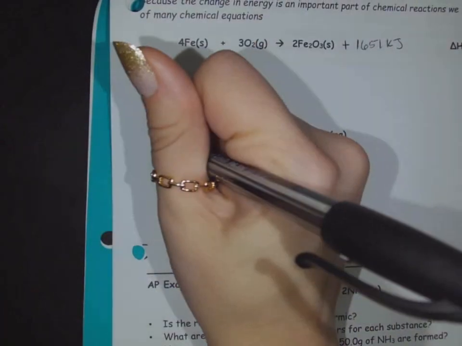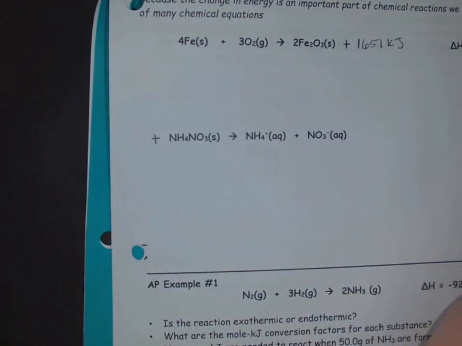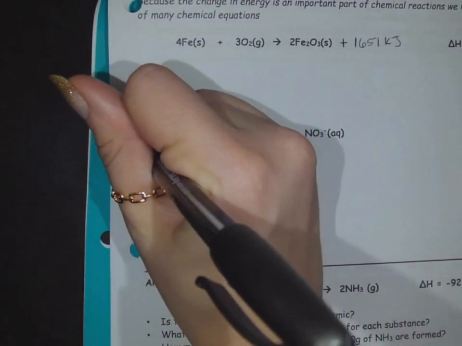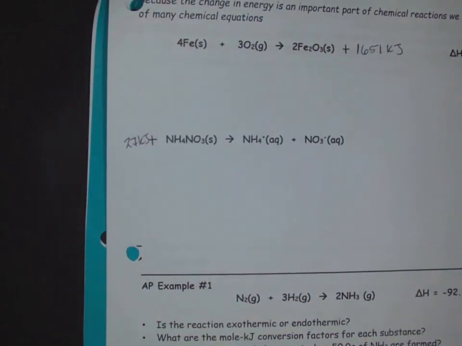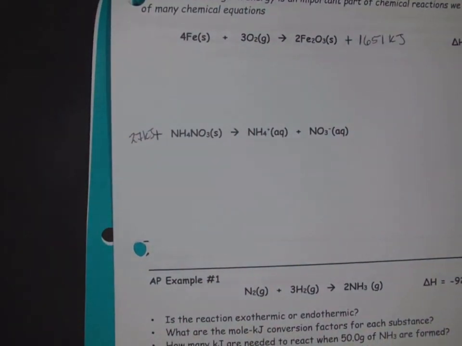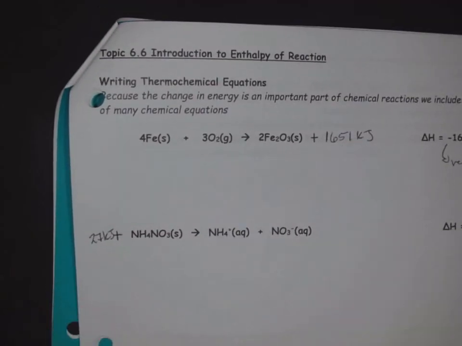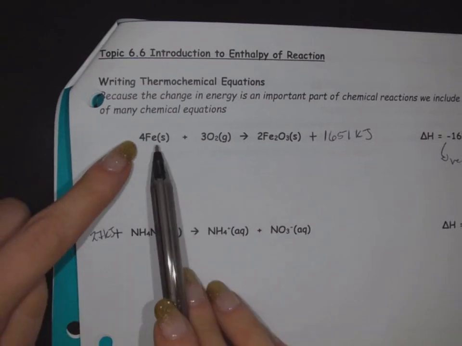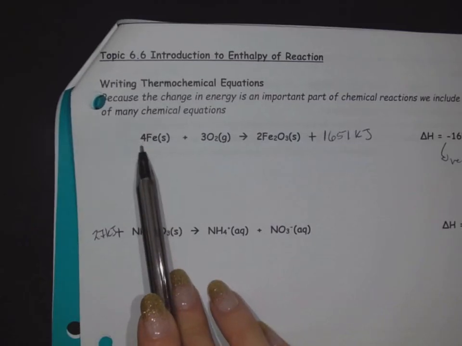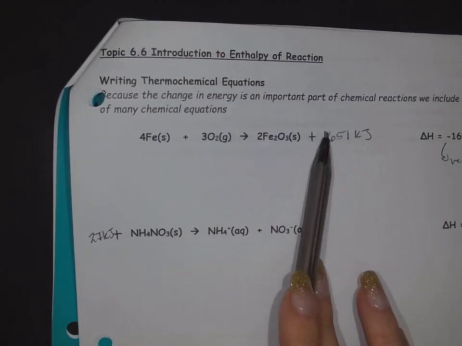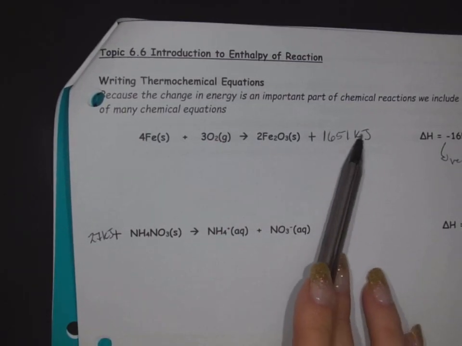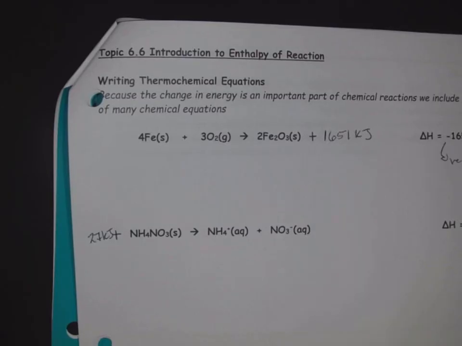And so this won't happen unless it absorbs or gains 27 kilojoules of energy on the reactant side. What's cool is now that we've added them into our balanced chemical reaction, we can actually do some stoichiometry with this, where we can say, hey, 4 moles will result in this, or 3 moles will result in that. So I'll show you an example here in a moment.